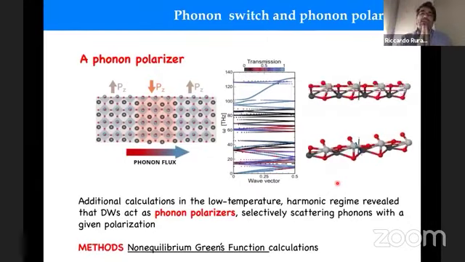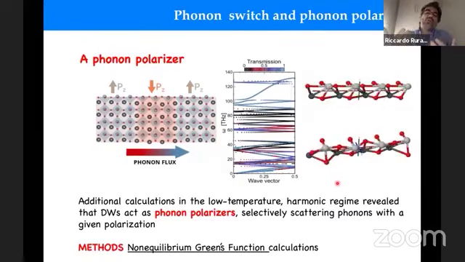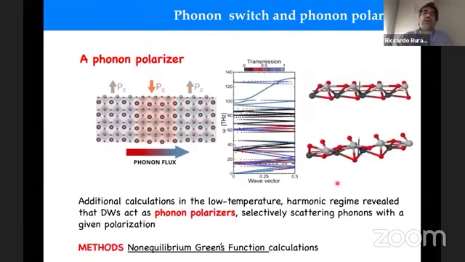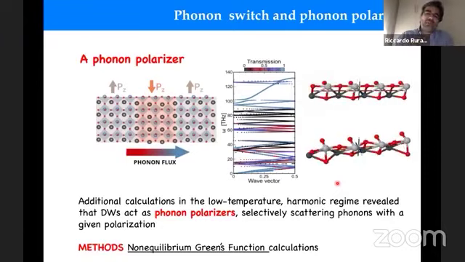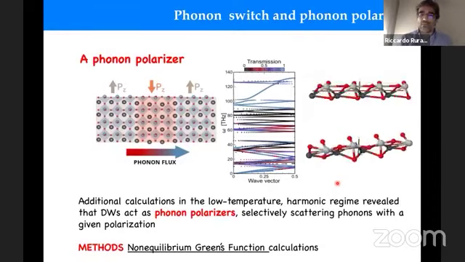So not only are you scattering phonons, but in a way you're also selecting a given polarization. And so these boundaries can also work as phonon polarizers, which is rather remarkable.